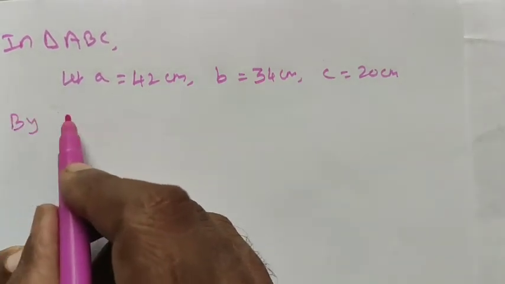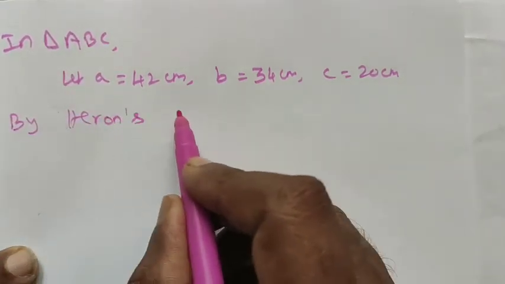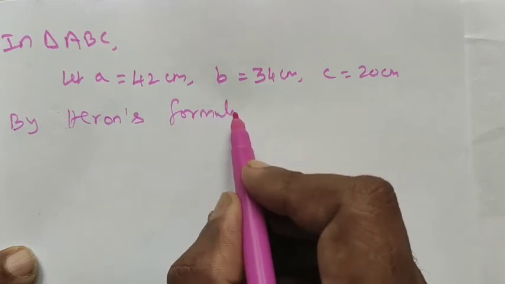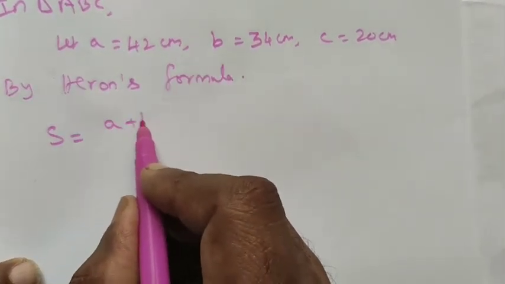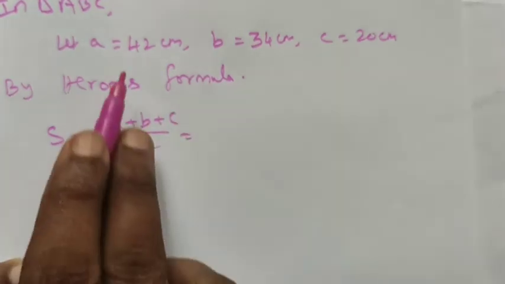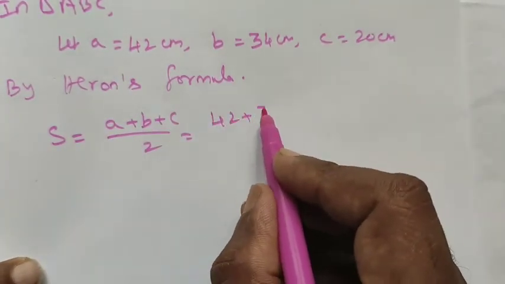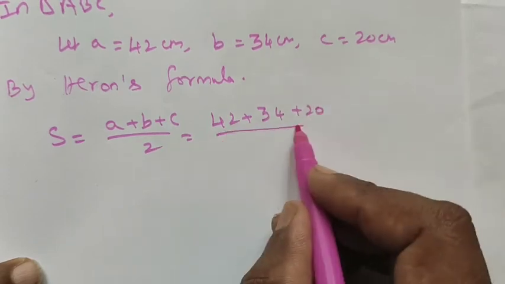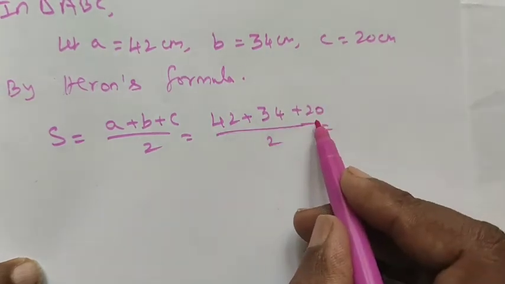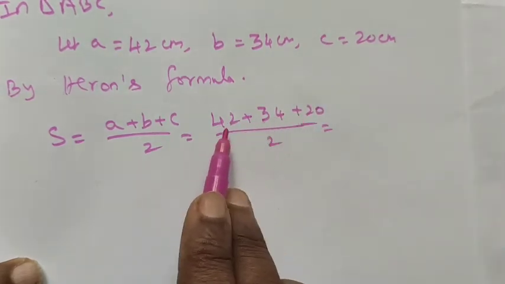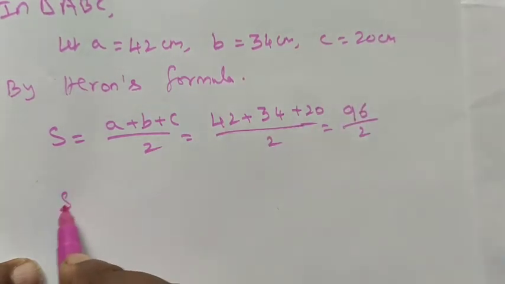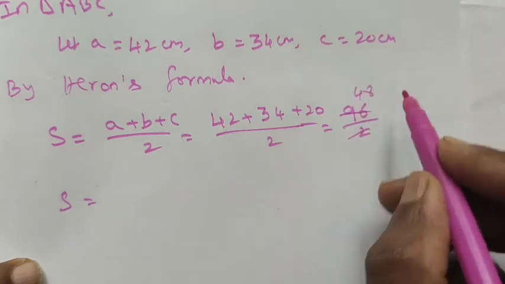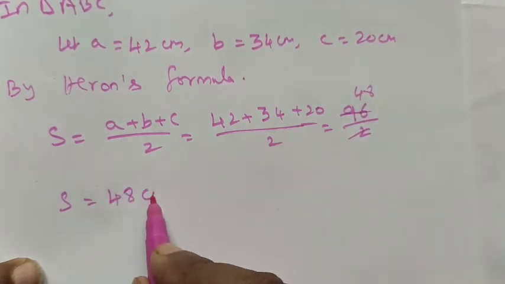By Heron's formula, first we find the semi-perimeter, S is equal to A plus B plus C divided by 2, is equal to 42 plus 34 plus 20 divided by 2, which is 96 divided by 2. Then S is equal to 48 centimeter.